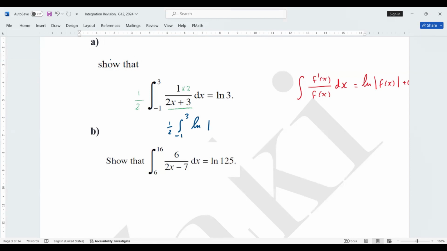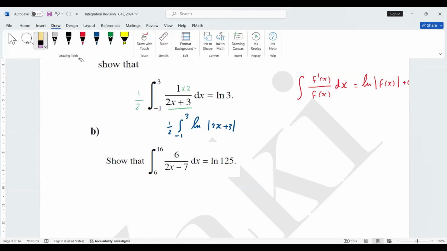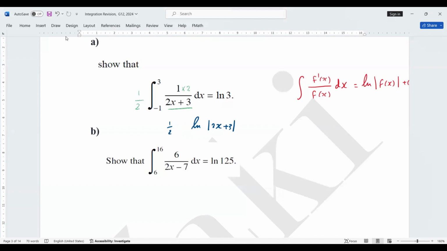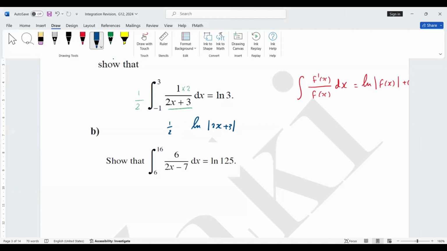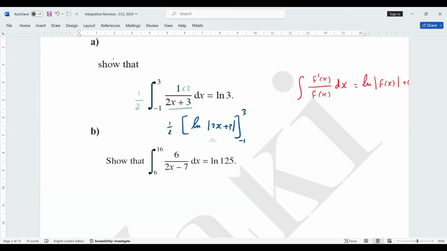Ln what? 2x plus 3. It's direct, it's ln, but just we put here the limit. So the limit is -1 to 3.